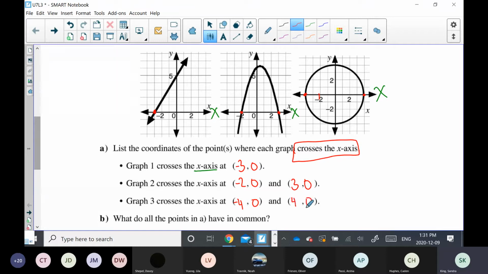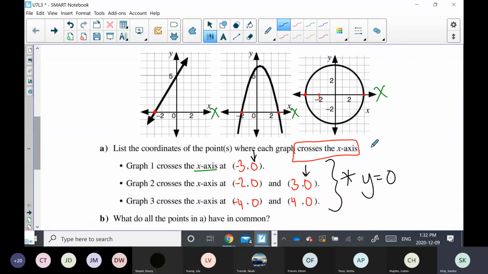Okay, so what you need to notice here, the big takeaway from this, is they're going to ask, what do all of these points have in common? And what I'm hoping you notice is all of these points, which were x-intercepts, have y equal to 0.